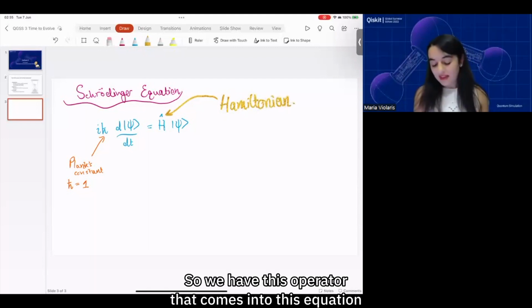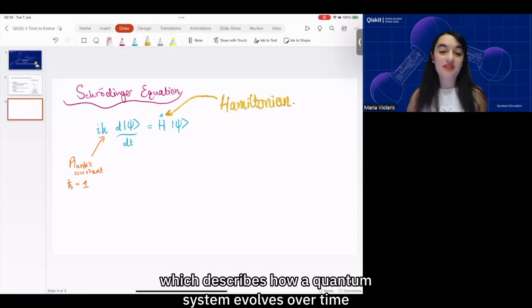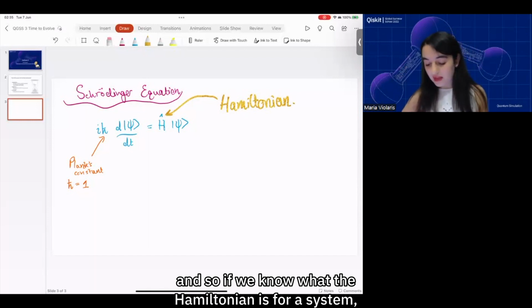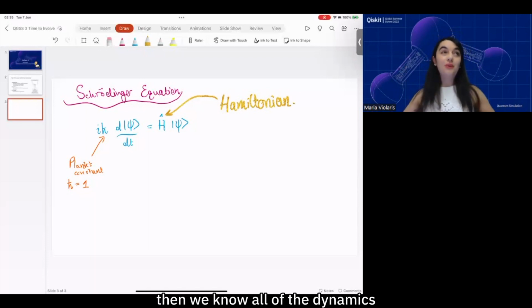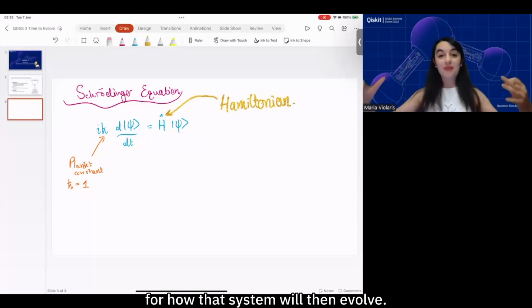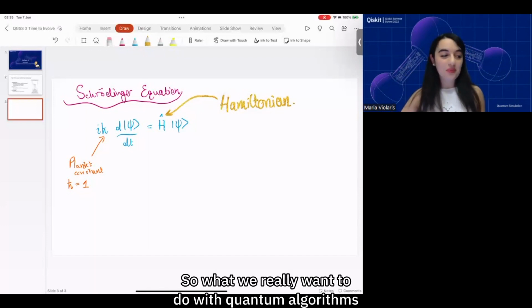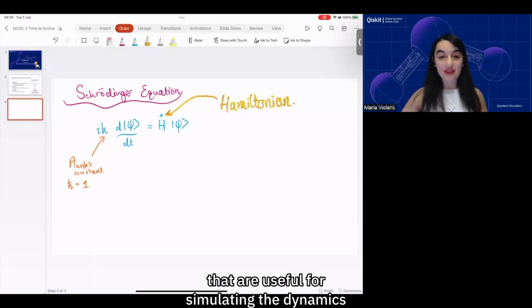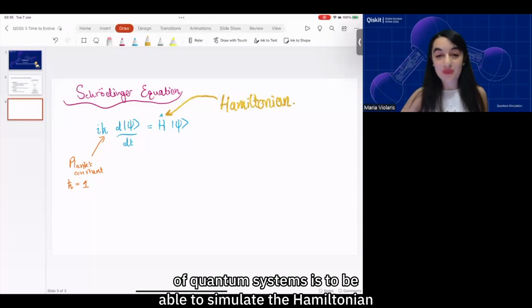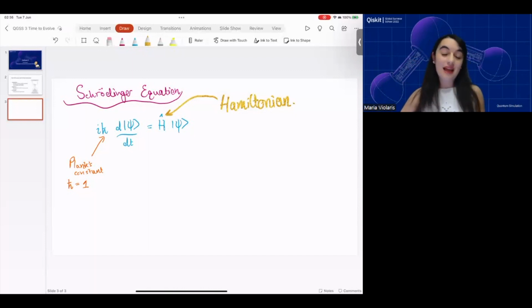So we have this operator that comes into this equation, which describes how a quantum system evolves over time. And so if we know what the Hamiltonian is for a system, then we know all of the dynamics for how that system will then evolve. So what we really want to do with quantum algorithms that are useful for simulating the dynamics of quantum systems is to be able to simulate the Hamiltonian of that system.